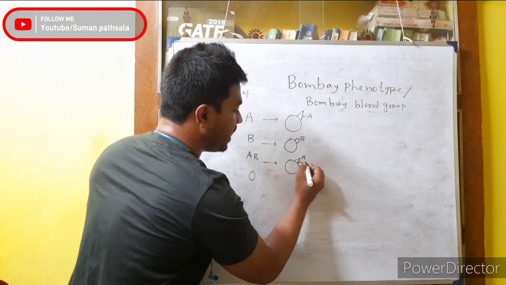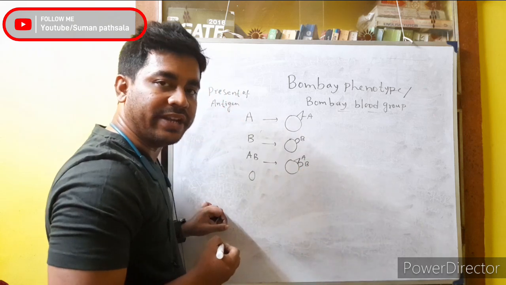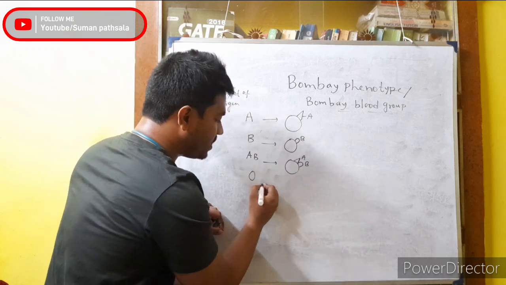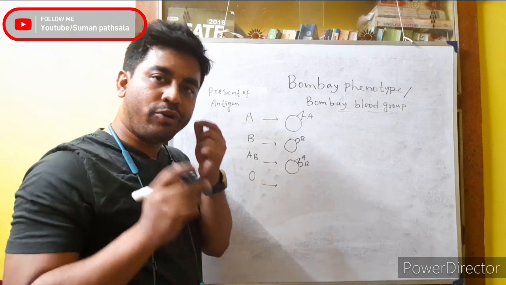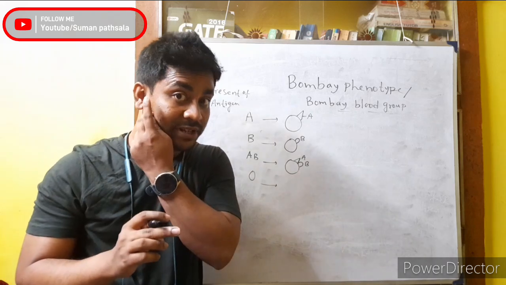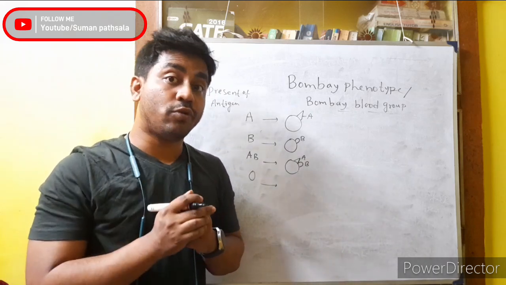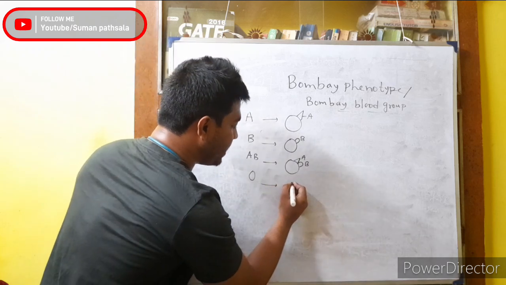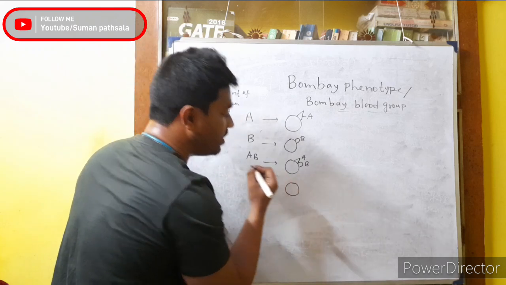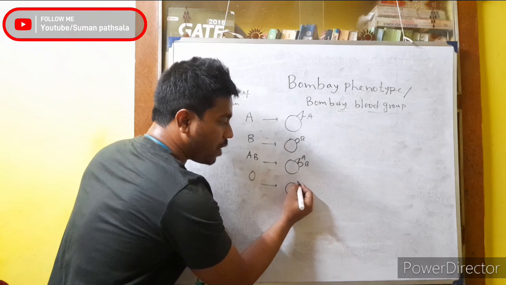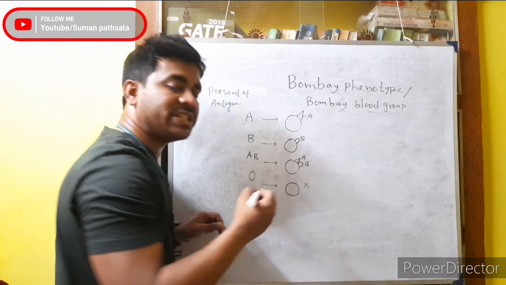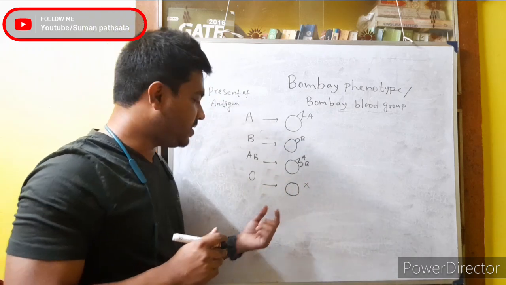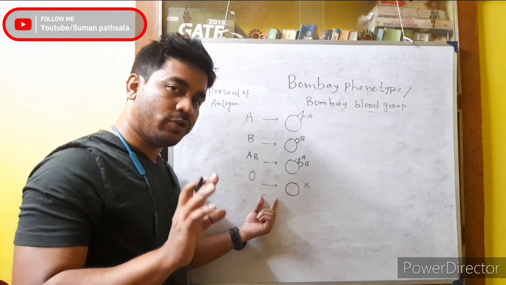Suppose this is A and this is B antigen. But in case of O, we all know that O is exceptional. In case of O, there is no antigen, so I write here only this cell, with no antigen present on the outer surface.